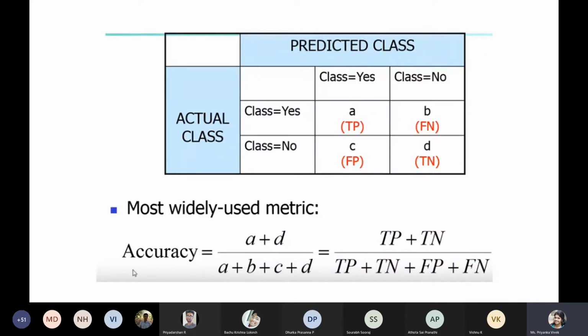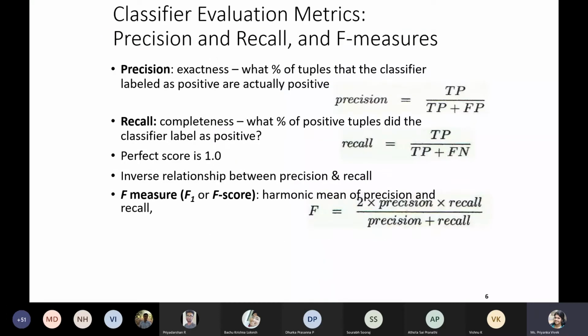So we have 9,990 samples who are not having cancer, whereas we have only 10 samples with cancer. So what happens here? If you find out the accuracy, our true positive is so high that our accuracy will be very high. But are we doing it right? What is happening? I'll just show that example.